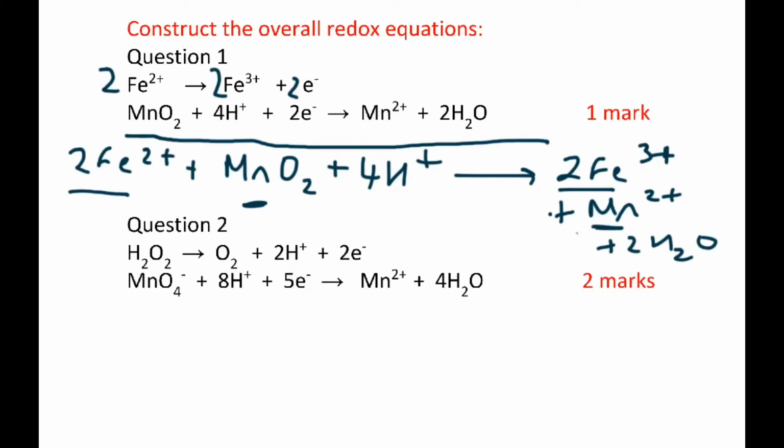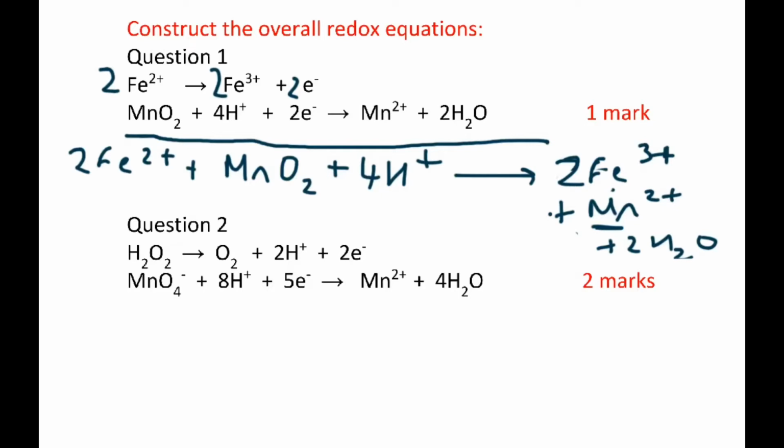You have got 4 H's and 4 H's, and 2 O's and 2 O's. Just check the total charge as well. Total charge on the left is +8, and the total charge on the right is +6 plus 2, so +8 as well. So that's a balanced equation, and that's only 1 mark.